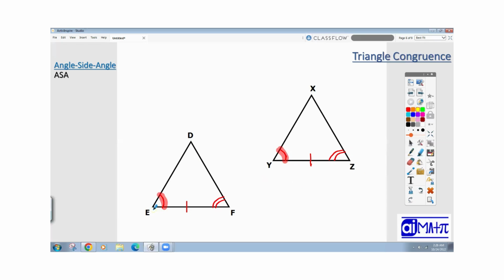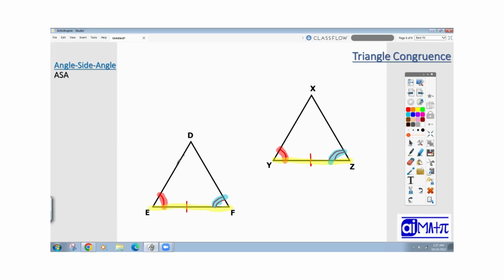And so we can prove that these things that I am highlighting are the same. They correspond to each other. And when things correspond, they're in the same position. So angle E and angle Y are in the same position. Side EF is in the same position as side YZ. And angle F is in the same position as angle Z.